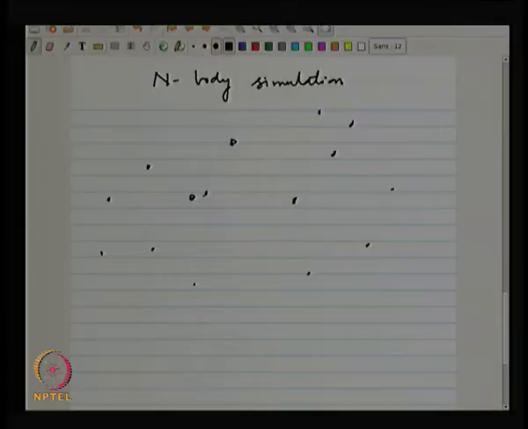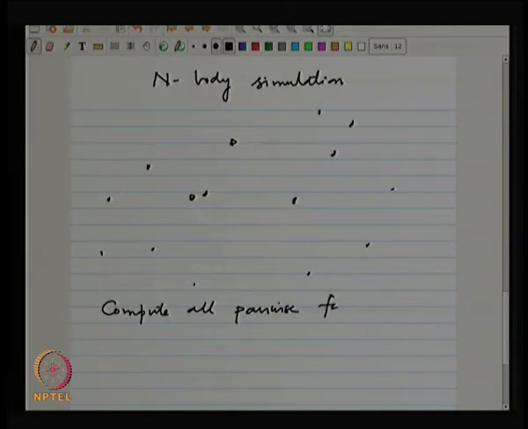And to do that accurately, the most accurate modeling will be to compute all pairwise forces, right? If there are n bodies, there are basically capital N choose 2 pairwise forces.